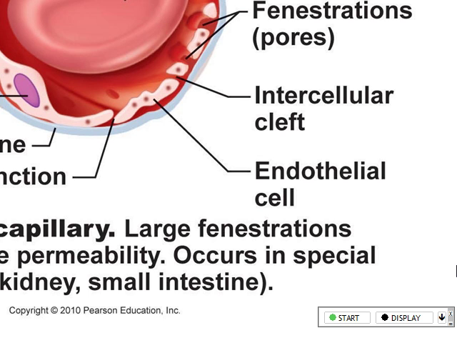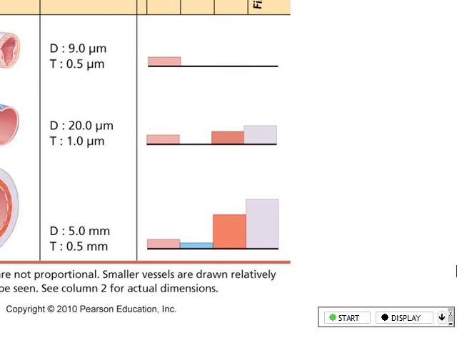So, they're called veins or venules. I'm going to go back to this diagram. So, after we pass the capillaries, we're going to go into the venous system. The beginning small little veins are called venules. We start to see what's happening to the walls. They're starting to thicken up. We're starting to get muscle. We're starting to get connective tissue.